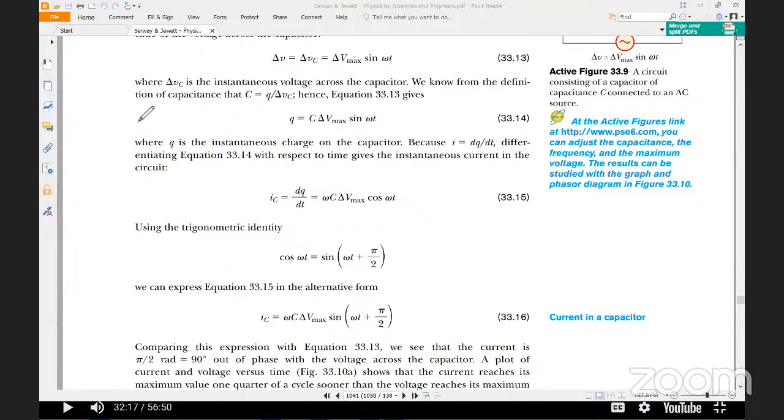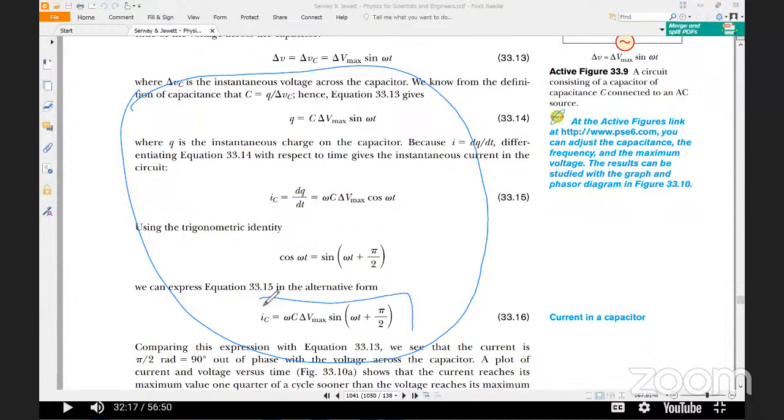This one, I think it's very easy. So we have the current through the capacitor is this one. From this expression, we know that the phase of the current is plus P over 2.